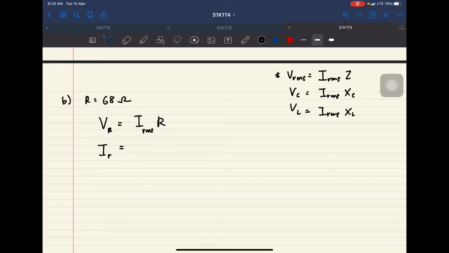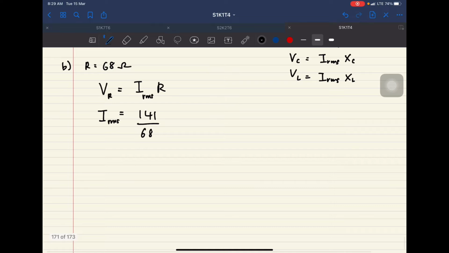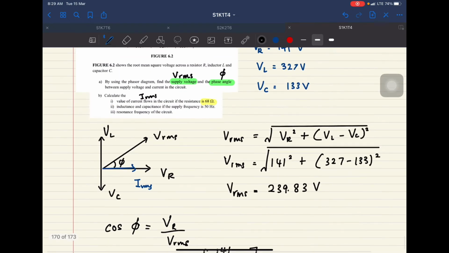So I RMS is equals to 141 divided by 68. Should get 2.07. Okay, the unit will be in ampere. So that one is for B1.